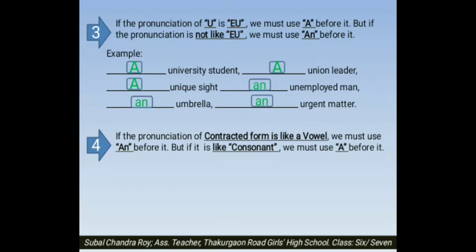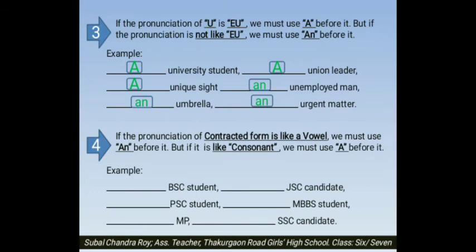Let's go to the example, please. BSc student, B. So it's not a vowel, it's like a consonant. So we have to use "a BSc student". And then JSC candidate, J. So it's not like a vowel, it's also like a consonant.